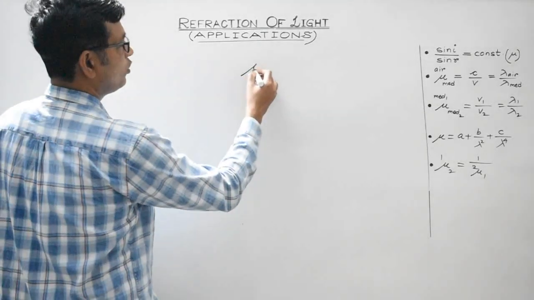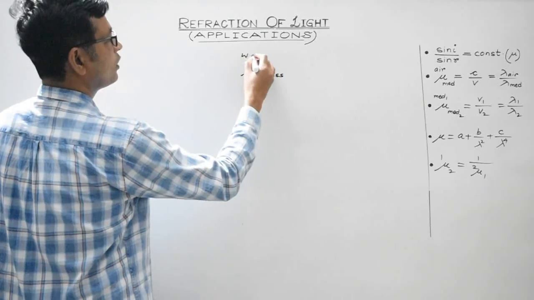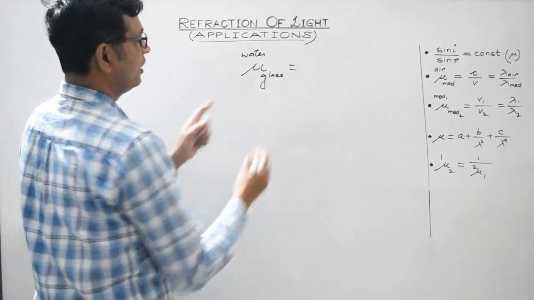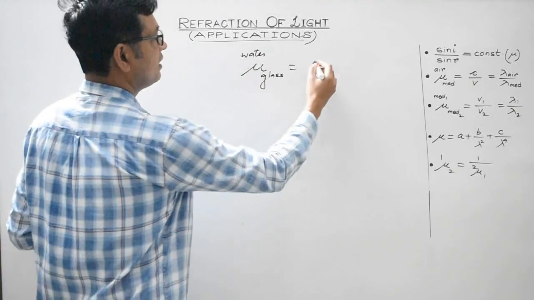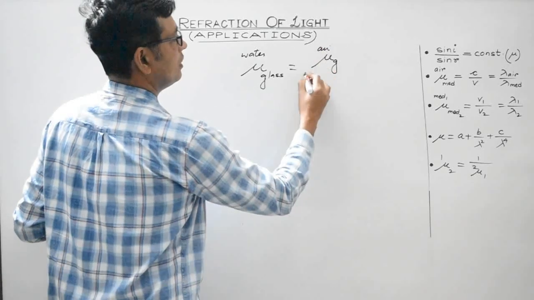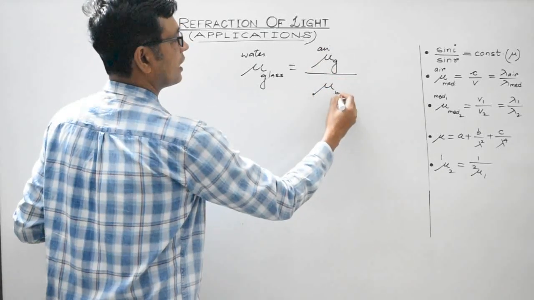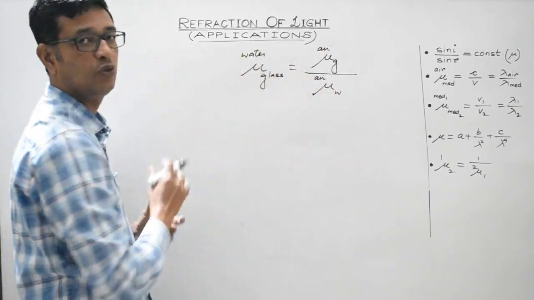Suppose we need to find the refractive index of glass with respect to water. It is absolute refractive index of glass divided by absolute refractive index of water. Absolute means with respect to air or with respect to vacuum.